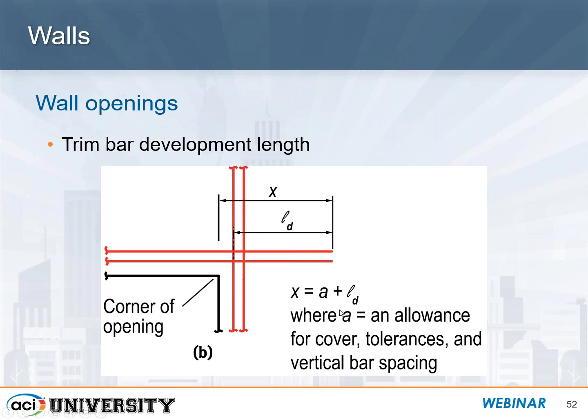Then they make an allowance for position. So they'll allow for cover, tolerances, and the vertical bar spacing, and make that a little bit longer than what the development length has to be. Now that's fine until the opening again gets shifted. You might wind up with a trim bar that's not fully developed, even based on this method.